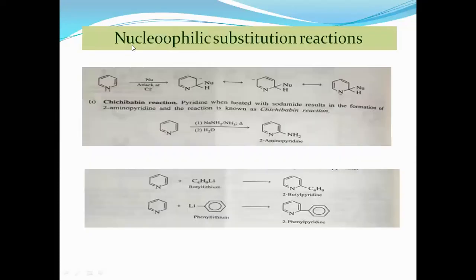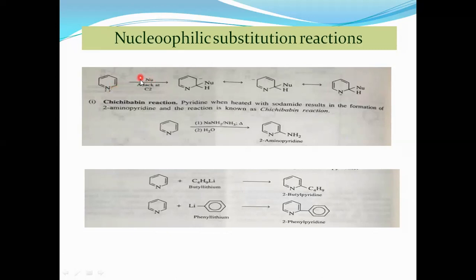The next reaction is the nucleophilic substitution reaction. Pyridine undergoes nucleophilic substitution reaction at the C2 position, because a nucleophile is an electron-rich compound, or a species with extra electrons.